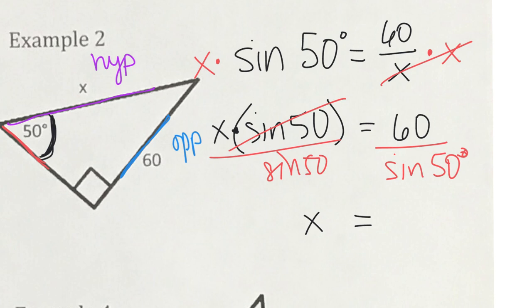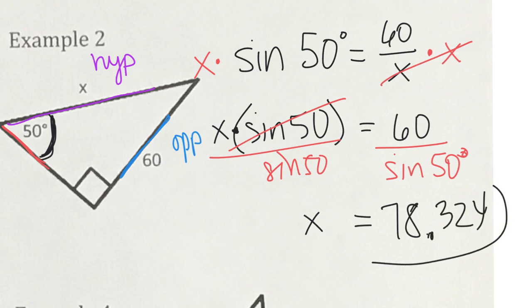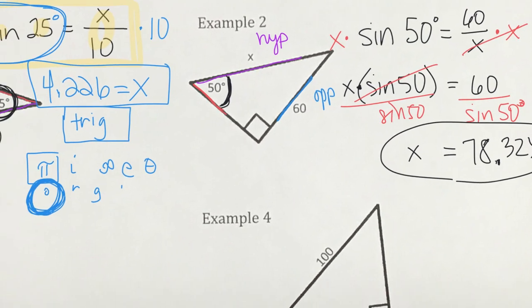That's under the pi symbol in the lower left corner of your screen. 60 divided by the sine of 50 degrees. Enter. And you should be getting 78.324. Okay, let's move on.